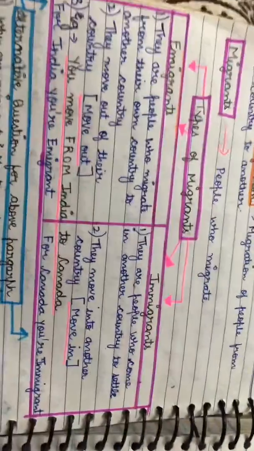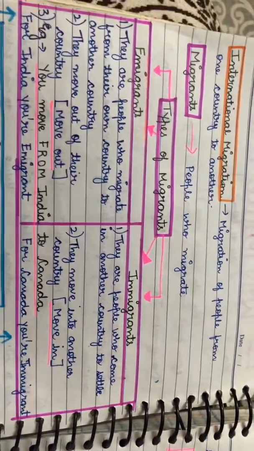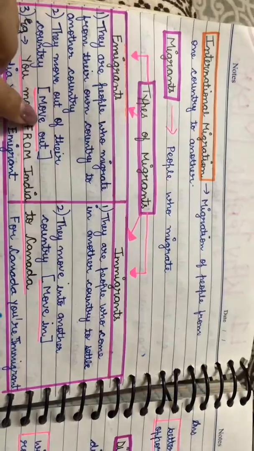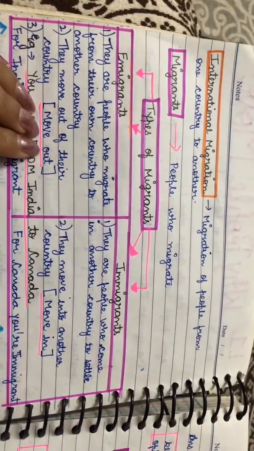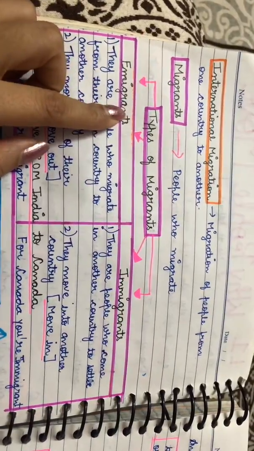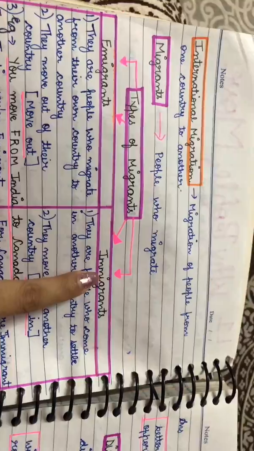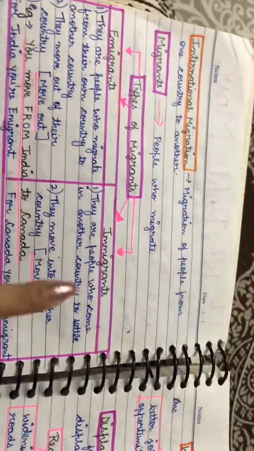I repeat. Please, I want you to repeat it after me 5 times. Moving out. Moving out of which country? Your own country. Moving out of your own country, emigrant. Moving into another country, immigrant. Moving out, emigrant. Moving in, immigrant.